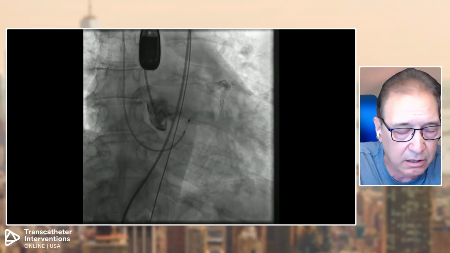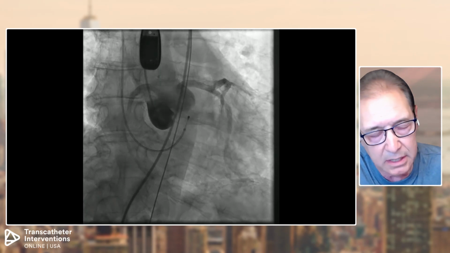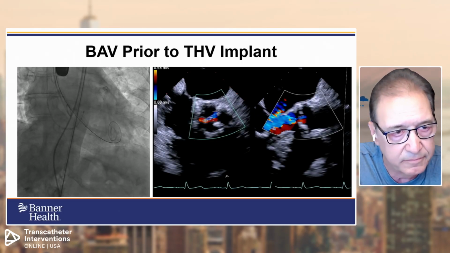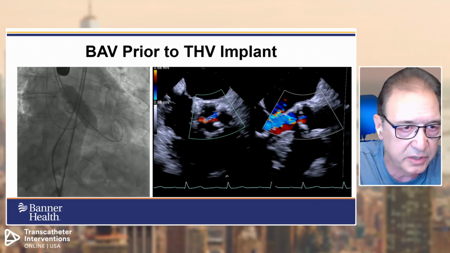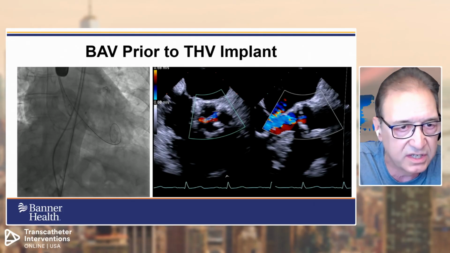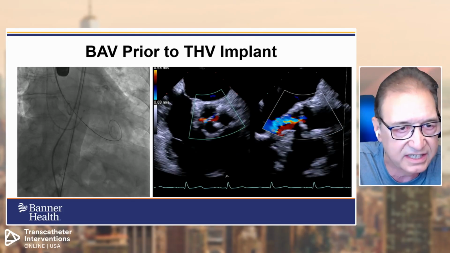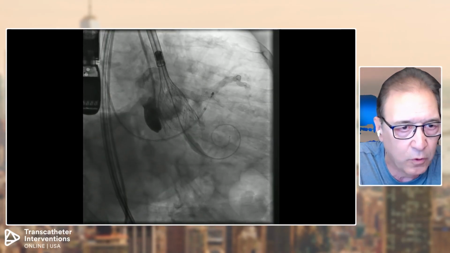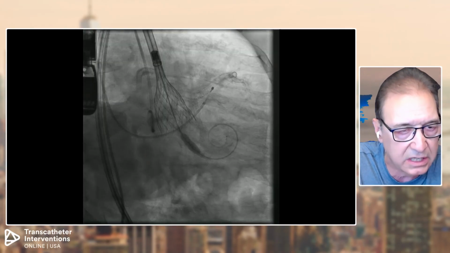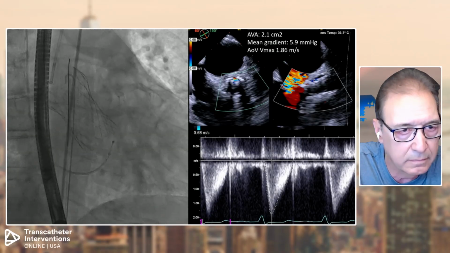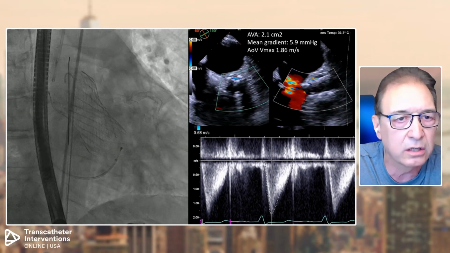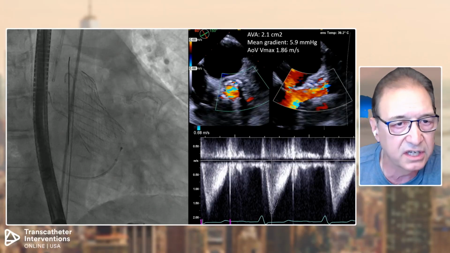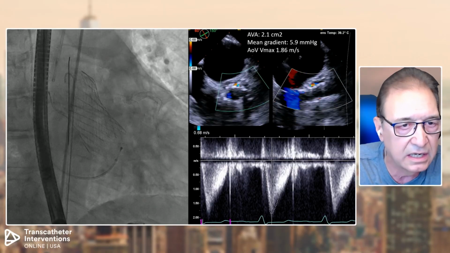So we pulled our CP device back, and this is the TAVR, and this really isn't the centerpiece of this case, but this is just for completeness's sake. A lot of AI, both before and after we ballooned the lesion. And this is our final result, an aortic valve area of 2, mean gradient of single digit, 5.9.